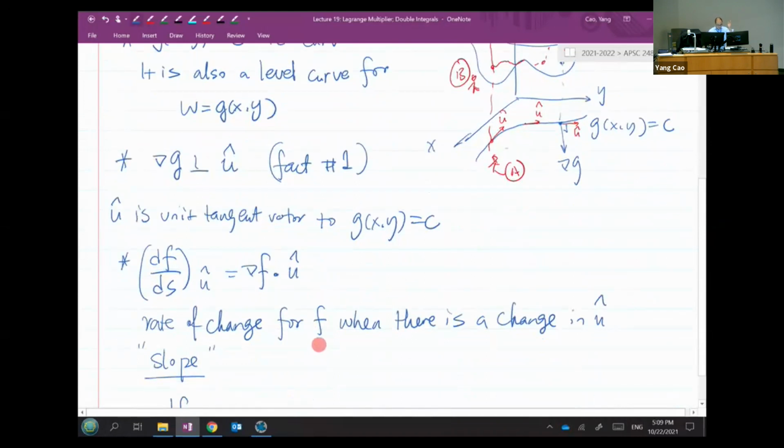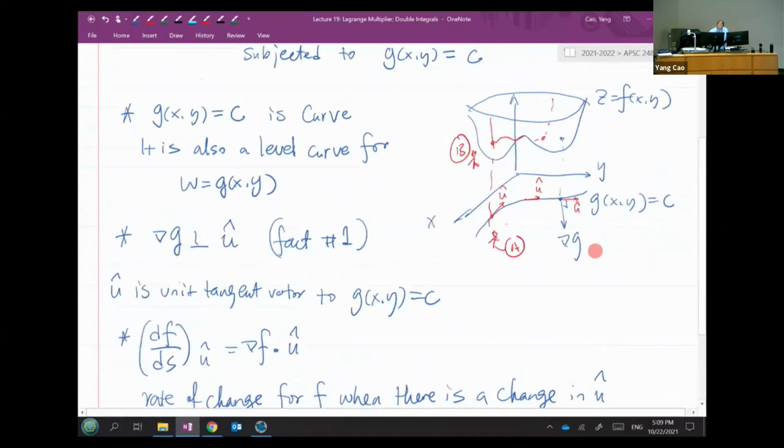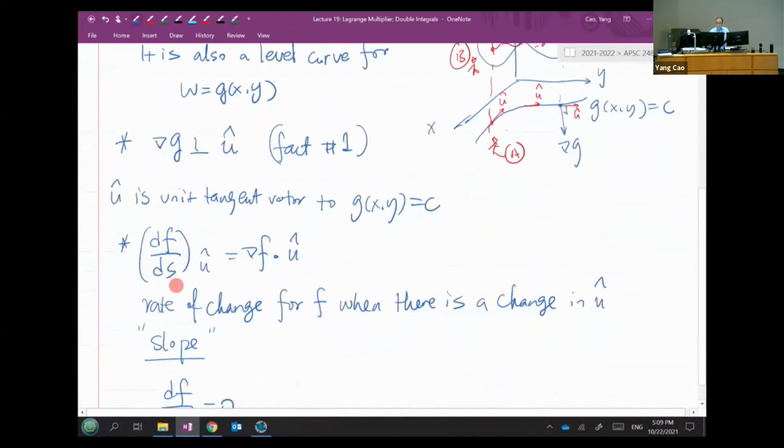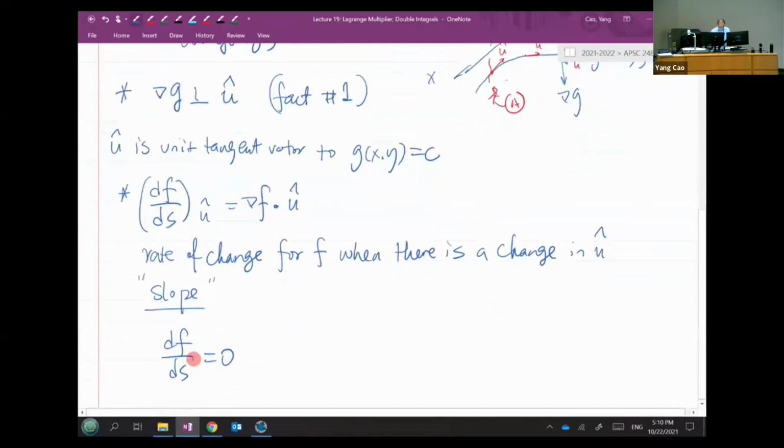Meaning you are at a certain critical location. So for example, if this is a curve right here and I got df over ds equal to 0, so the slope is equal to 0, then you must be at a certain critical location, right? So that is a special situation, df over ds equal to 0.